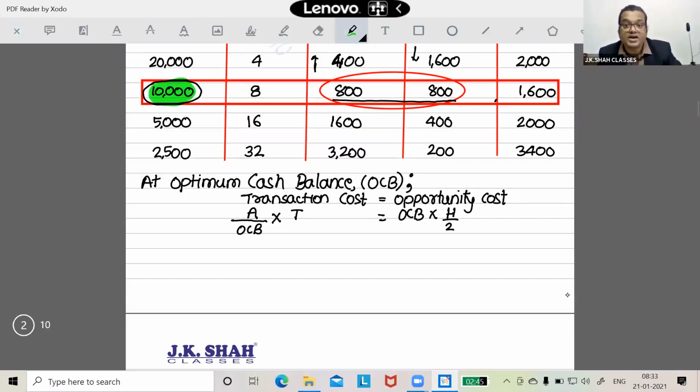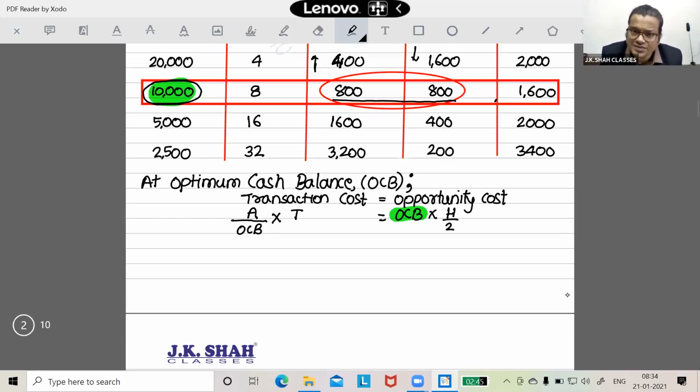Here we took that 10,000 optimum cash and then multiplied it by 8%. But what is that 8%? It is holding cost upon 2. Actual cost is 16%. We said, let's take the average. So 16 upon 2, 8%.